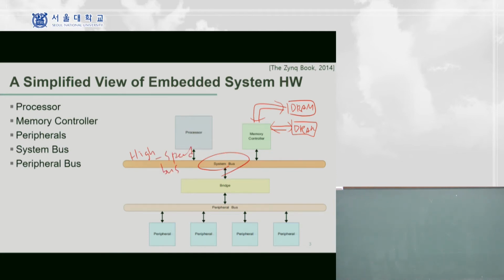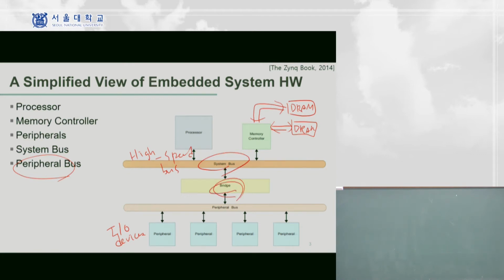And the second is the peripheral bus. The peripheral bus basically connects all these I/O, input/output devices. And there's a bridge between the two. Through the bridge, a request can propagate from the peripheral bus to the system bus or vice versa. This bridge connects these two.